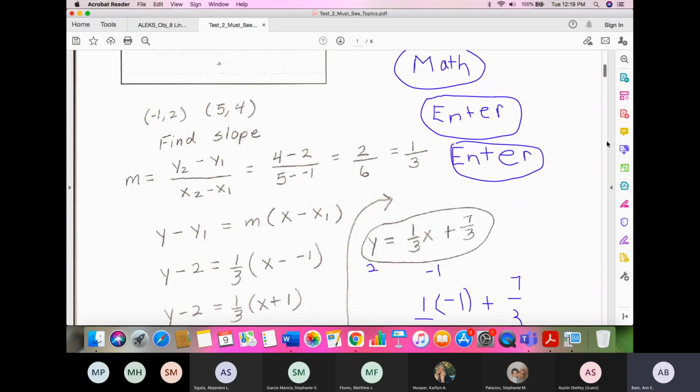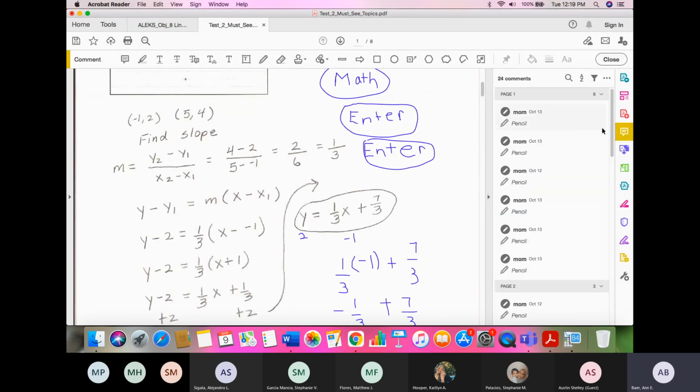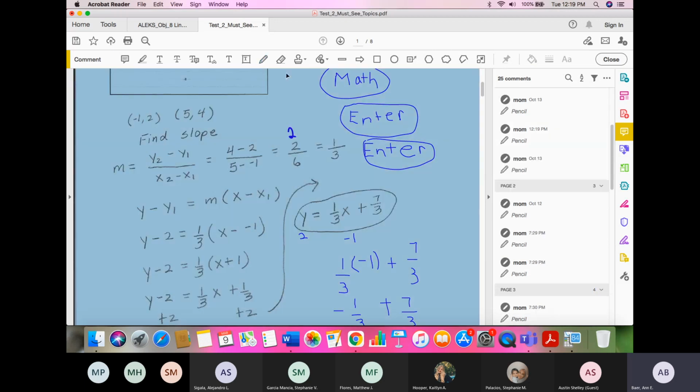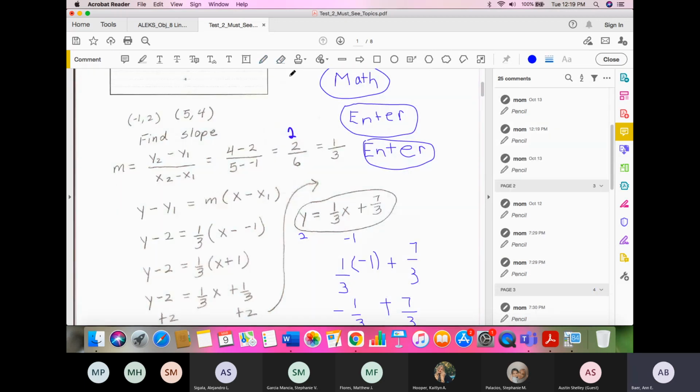What I can show you is just how I actually write up test keys. I write everything out. So this 2 is really 2 times 1.